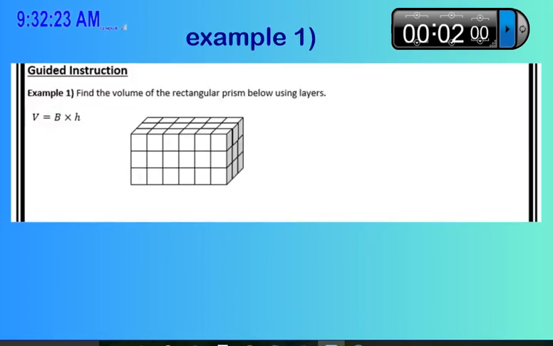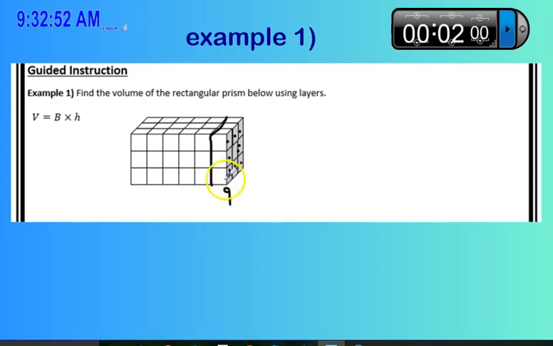Let's look at example number 1. Find the volume of the rectangular prism below using layers. Well, there's a couple of ways that I could split it. I could split it like this, but that's a lot to count, right? So instead, I'm going to split it like this. It's a little bit easier to count because I can see that there's 1, 2, 3, 4, 5, 6, 7, 8, 9. So there's 9 in each layer.